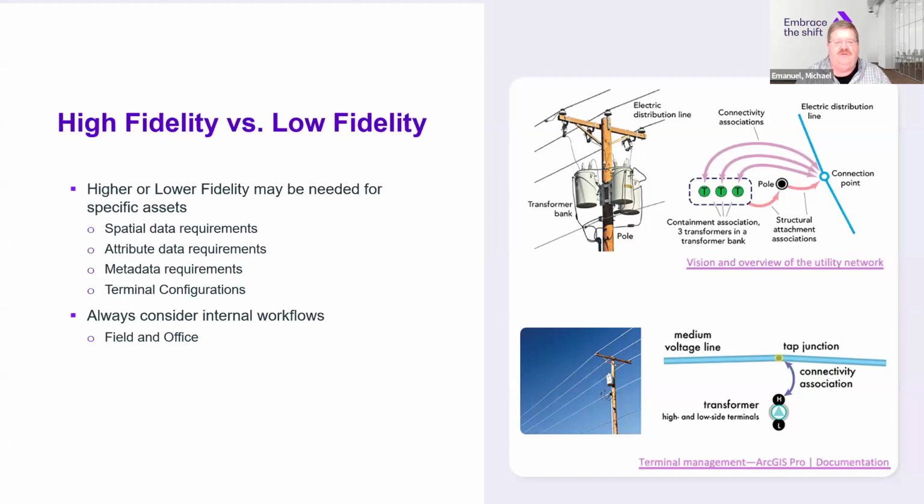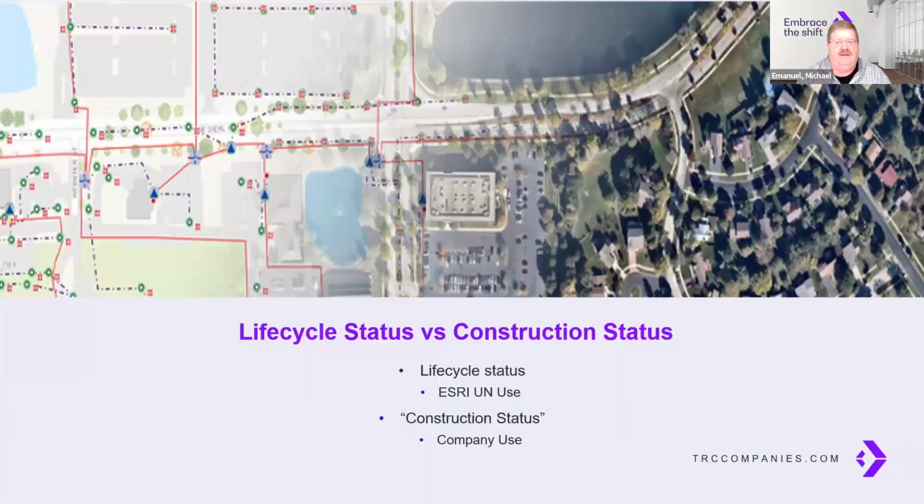One thing to consider is the fact that your GIS is a system of record. Your goal is generally to represent what is in the field, but you are also faced with the realization and reality that you are representing what is coming, proposed features, construction.